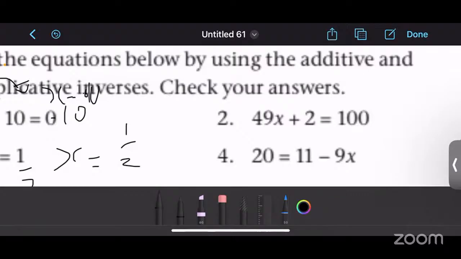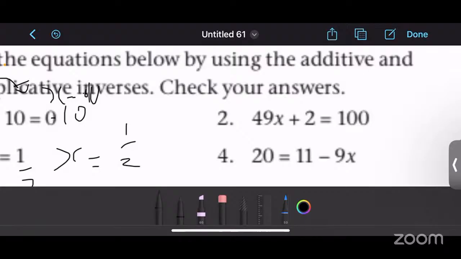So the 2, you're going to take it to the other side. When you take it to the other side, what is it going to be now?